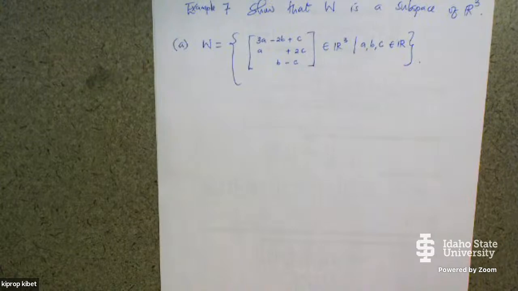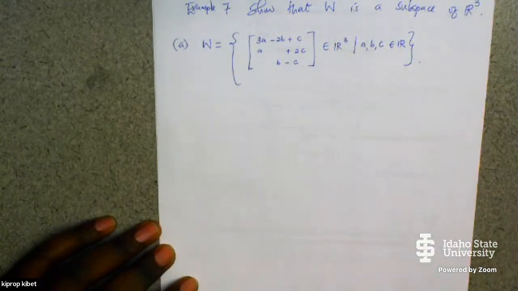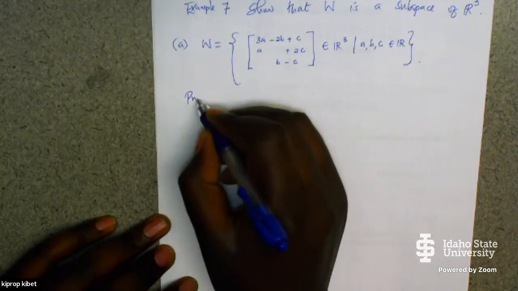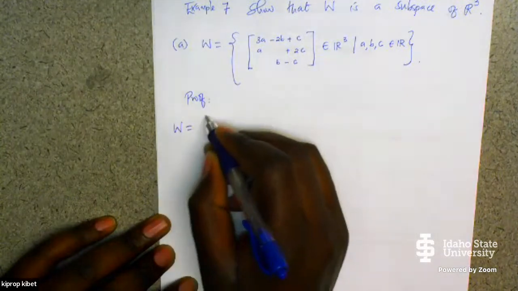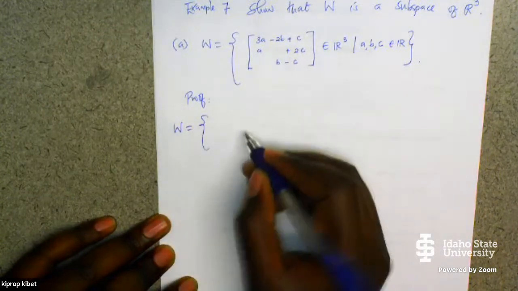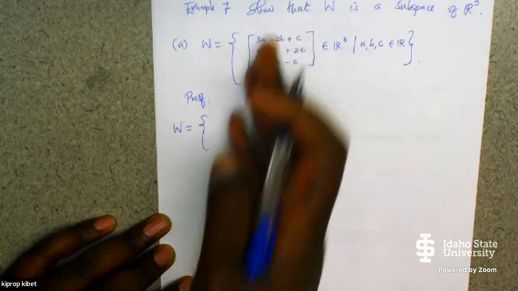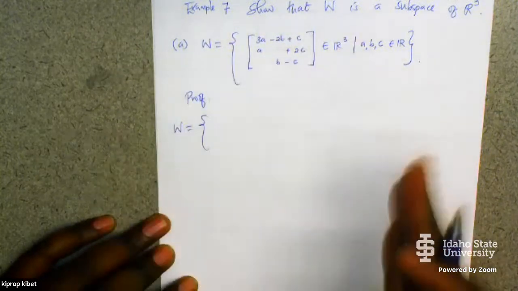Now, if you start by using the subspace test, you put zeros there for A, B, C. It satisfies, right? So that is fine, it satisfies. Now, if you've seen that it satisfies, then it means that W is equal to what? We can actually factor out the A's, B's, and C's like that.